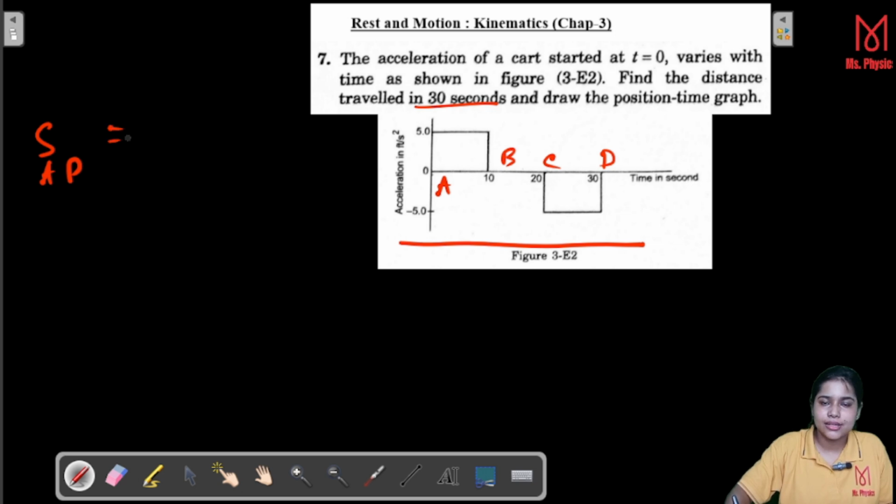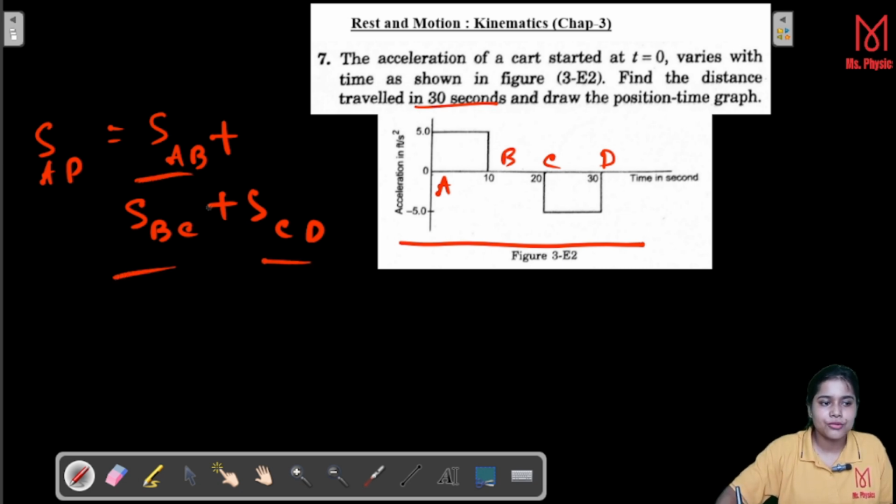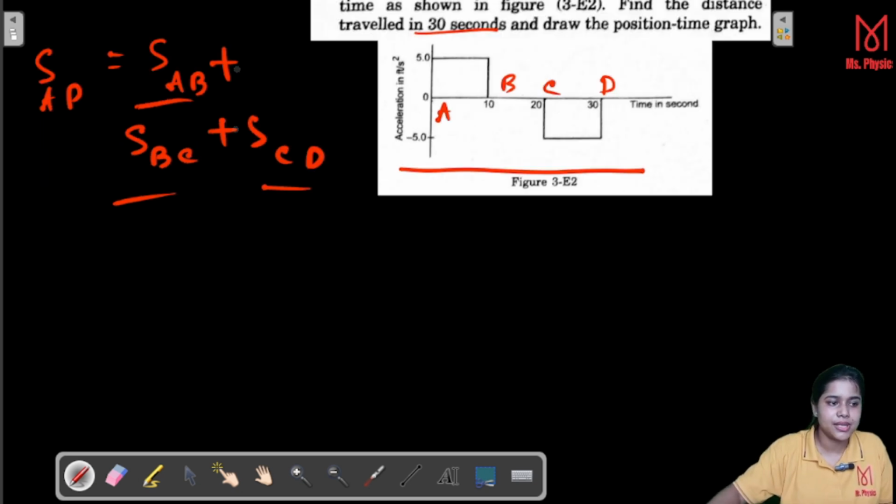SAD is equal to SAB plus SBC plus SCD. 3 times we have to find the distance of the cart. So we will start with SAB.